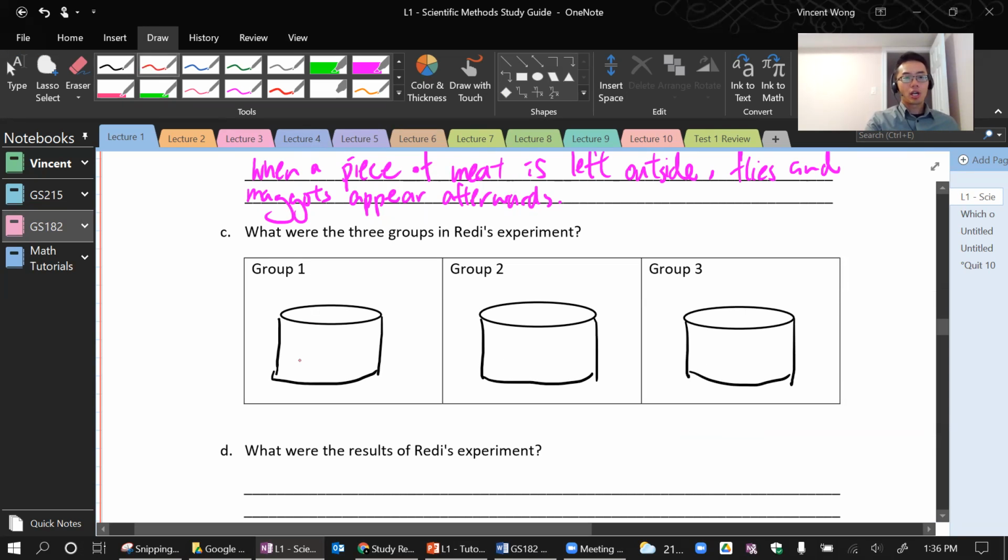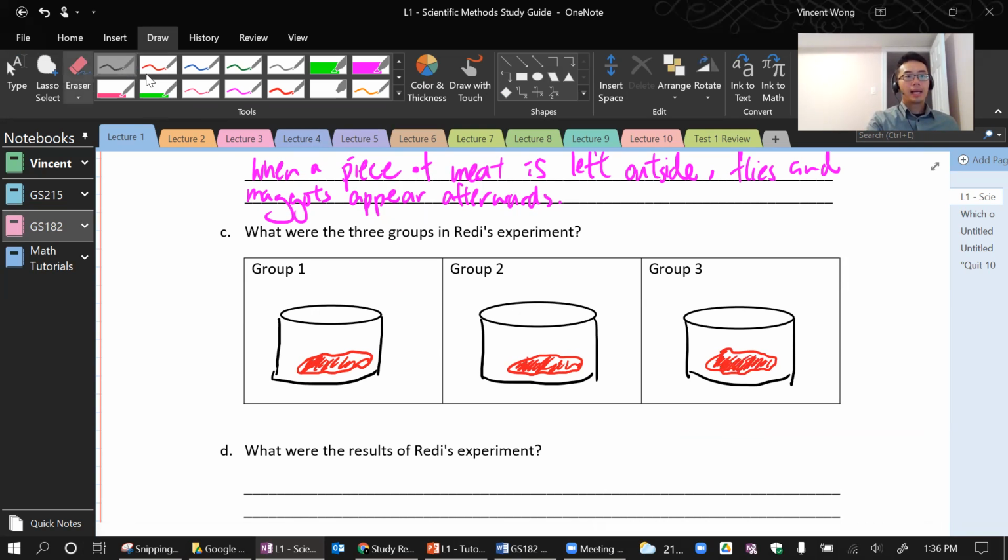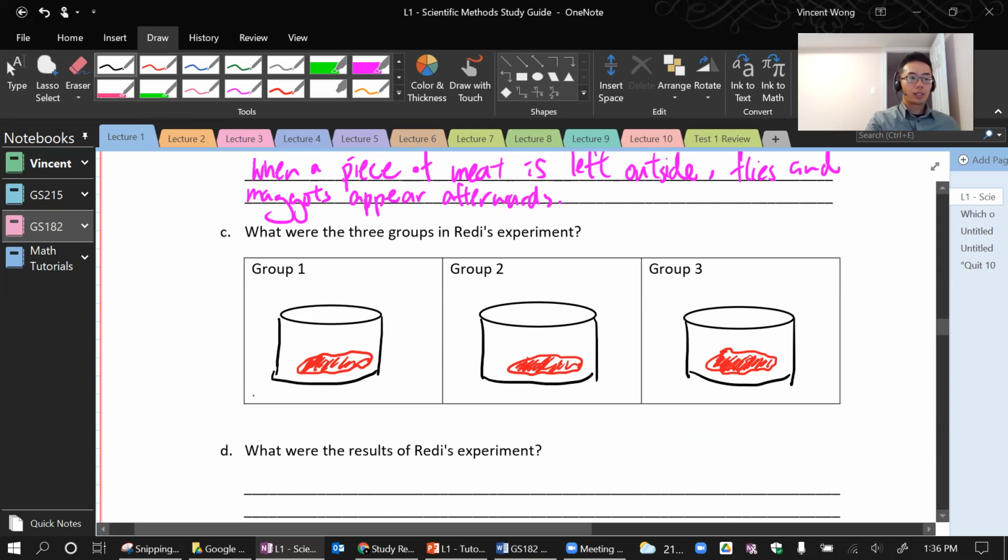In each jar, he would put a piece of meat, maybe some steak or a pork chop. I don't know what he used, but he put a piece of meat right there. And the first one is an open jar.